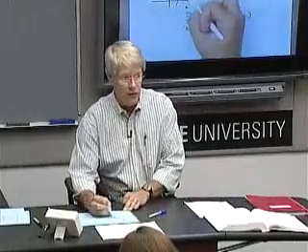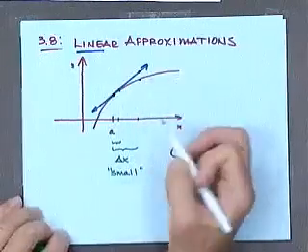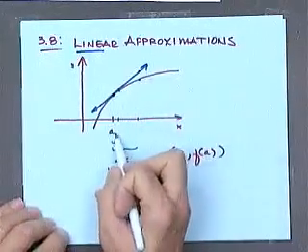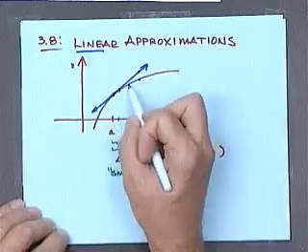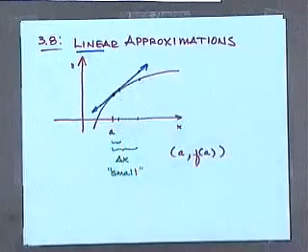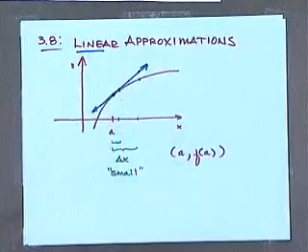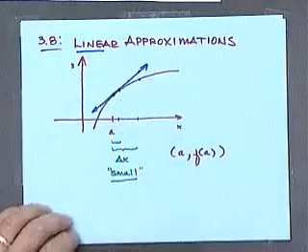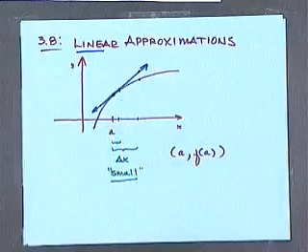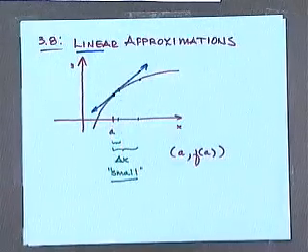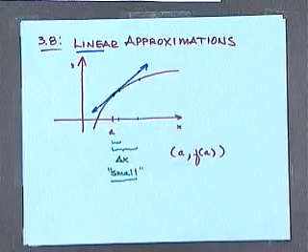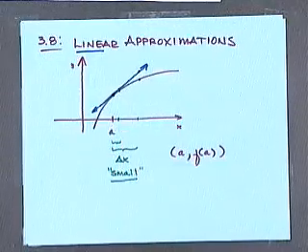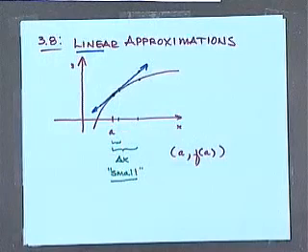This is actually a fairly gentle change, so if you stay reasonably close to a, the curve itself and the line that's tangent to the curve are fairly close together for a pretty good while. So small is relative to the shape of the curve. We're going to be approximating what happens along a curve by what happens along the tangent line to that curve at a very nearby, convenient point.